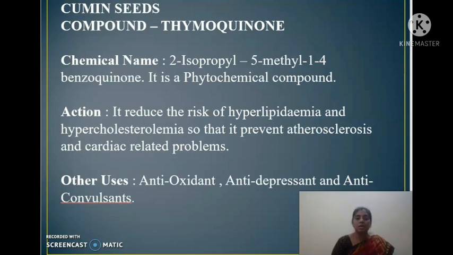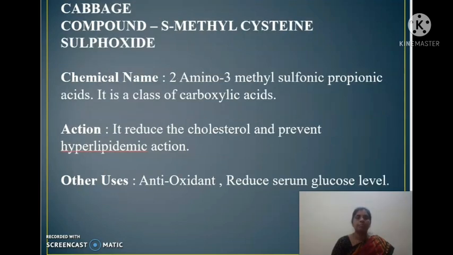It reduces the risk of hyperlipidemia, that is, increased level of lipid present in blood, and hypercholesterolemia, that is, increased level of cholesterol present in blood. So it helps to prevent osteoporosis and cardiac-related problems. It also acts as an antioxidant. It has an antidepressant property and an anticonvulsant property.